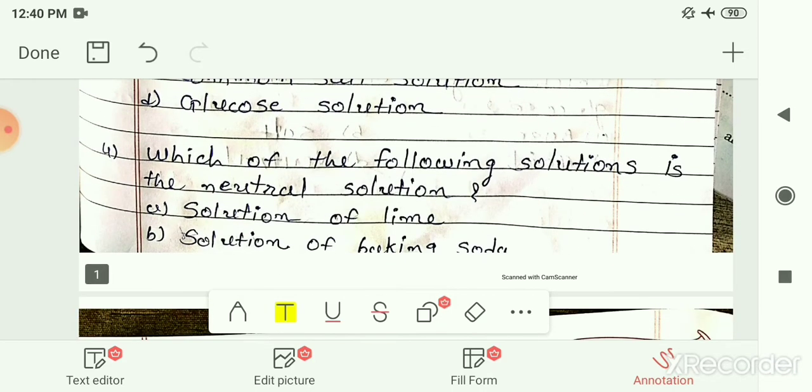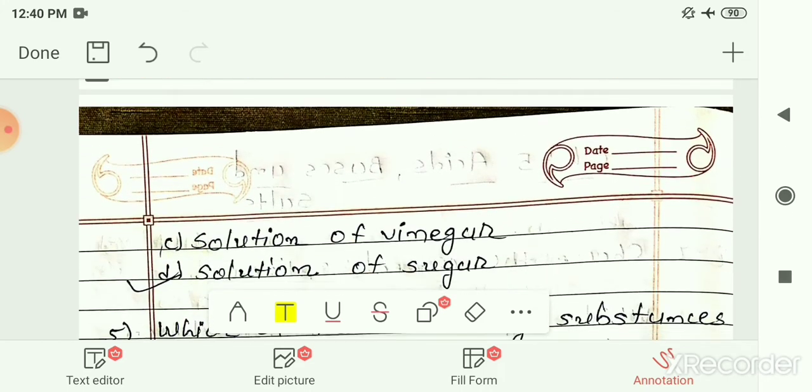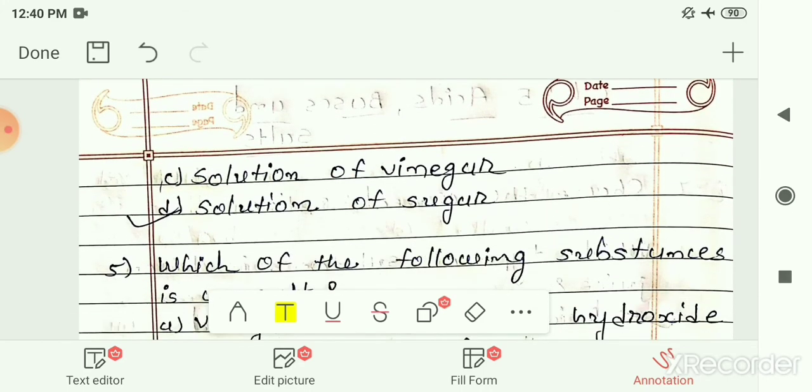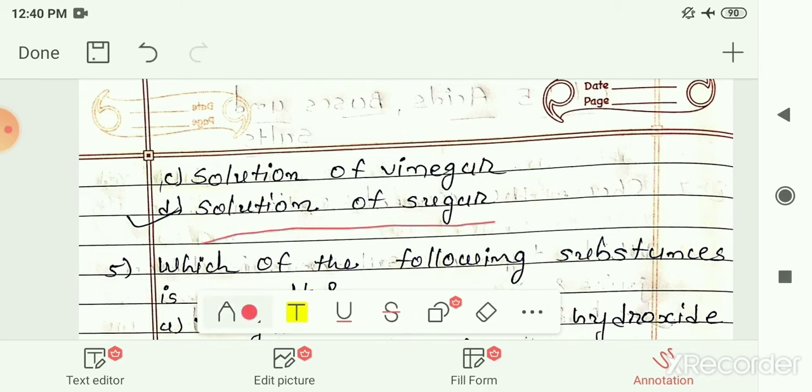The fourth number is which of the following solutions is the neutral solution? The options are solution of lime, solution of baking soda, solution of vinegar or solution of sugar. As previously we had discussed, the solution of sugar is neutral in nature. So here your answer is option D, solution of sugar.